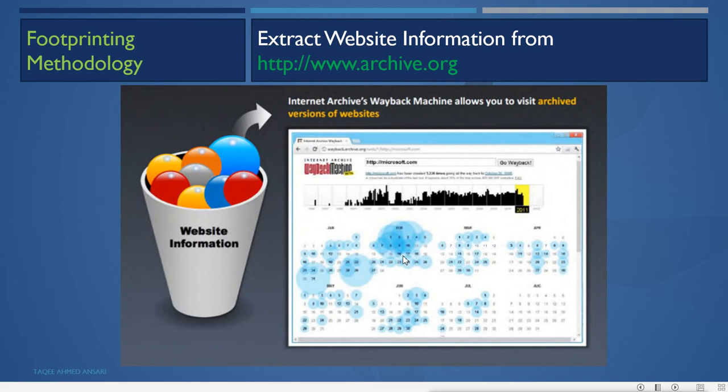You can check how the site was looking on that day and at that time. So it has all the records. This site archive.org has all the records of almost all the sites available on the internet. Whenever you change your site, any update you do to your site, it takes the snapshot here in archive.org.